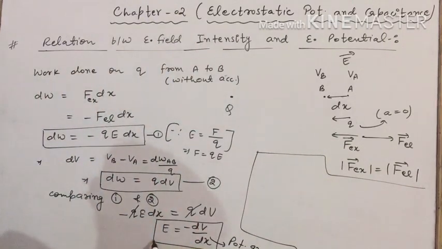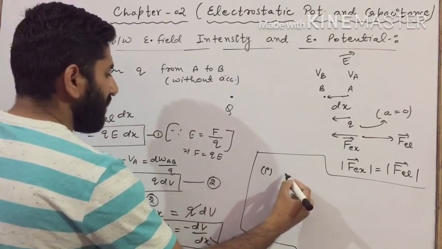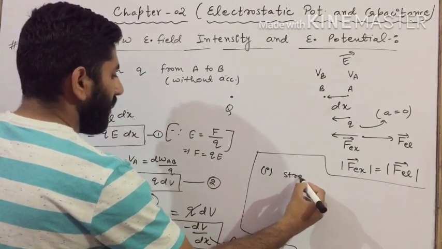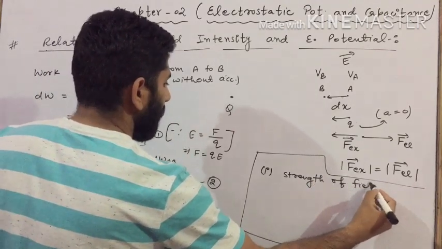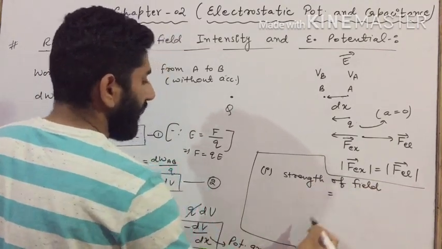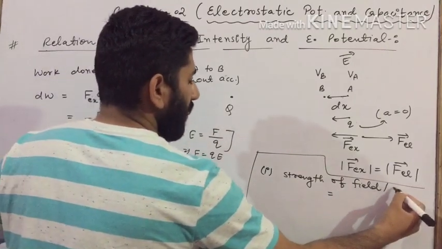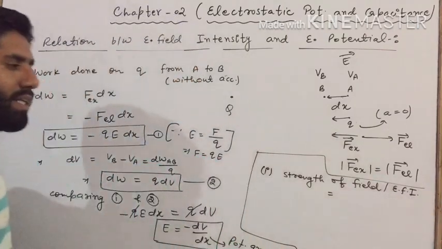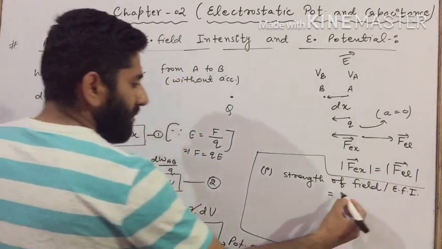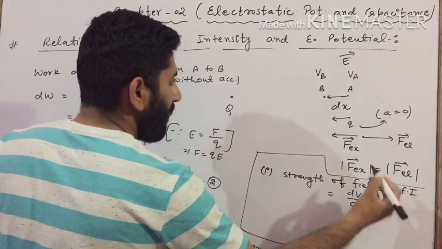So from this final relation, we have to draw two main points. The first point is the strength of the field, or I should say the magnitude of the electric field, or you can say the strength of electric field intensity, that is given by this dV over dx.